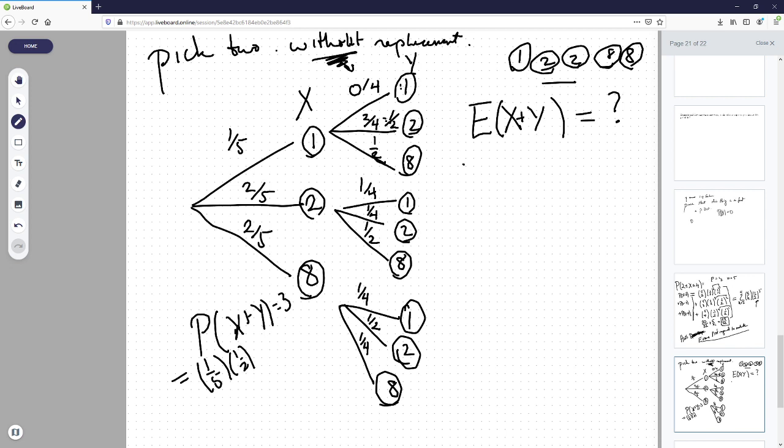And if you pick a 2 and then a 1, you're going to get 2/5 times 1/4. Okay. So basically that means that we've checked off this one and we've checked off this one. This one's already 0, so we don't need to worry about it.